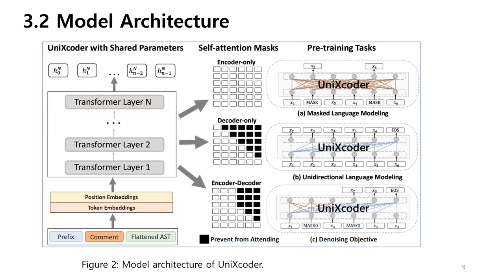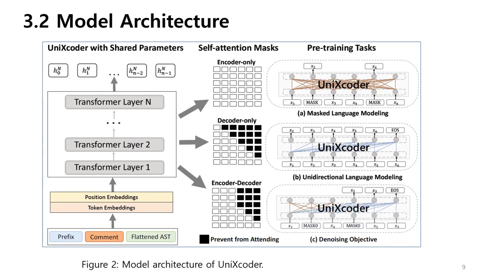The third block is about pre-training tasks. We do have masked language modeling. The second one is unidirectional language modeling, or we can say autoregressive modeling. On the third one, we have the denoising objective. These are the main pillar training objectives of this model.